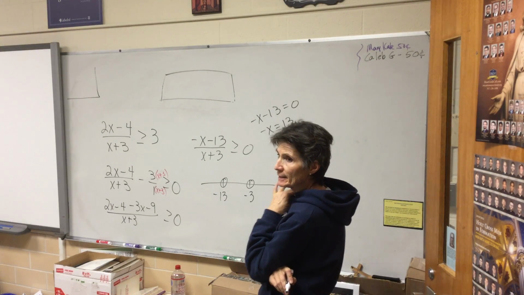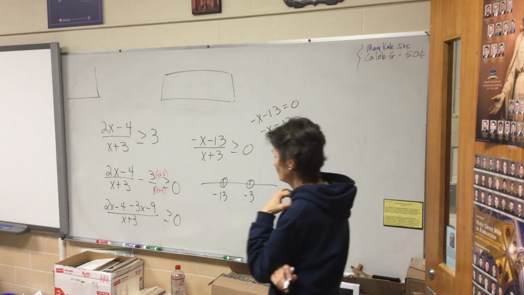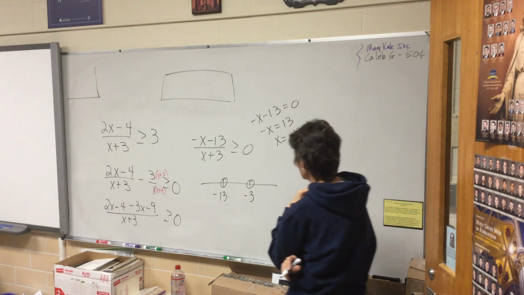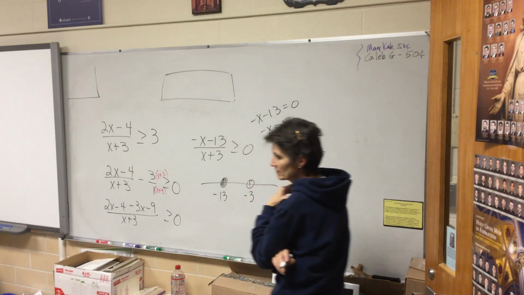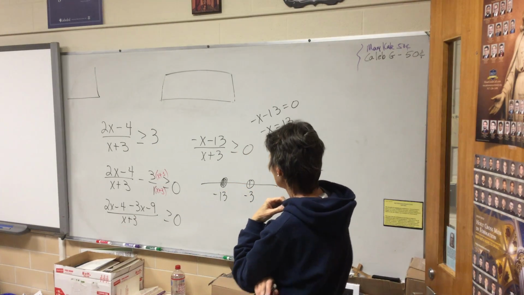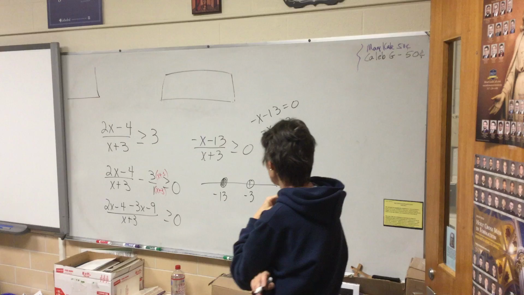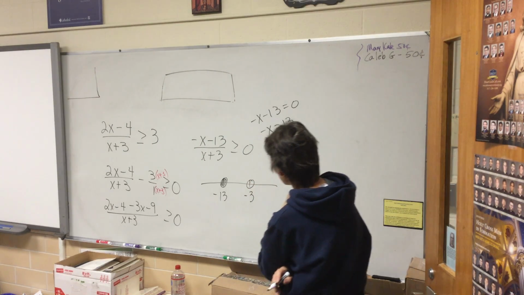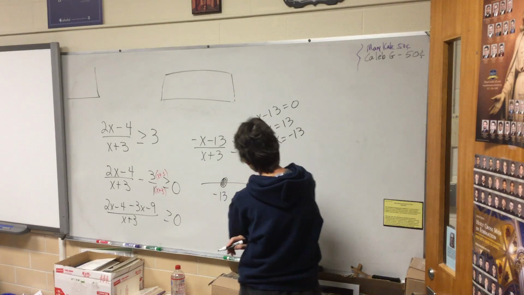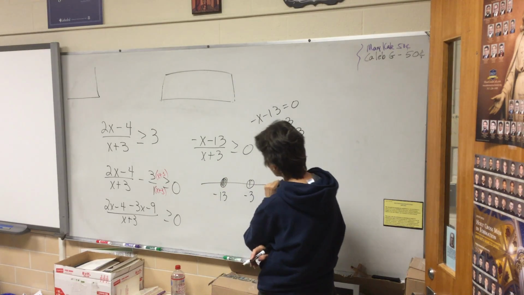Should I color in any of those dots? Yeah, color in the numerator. Yep, because it's 13. Perfect. And then we can do -5. Any number will work except these two, so -5 is fine.